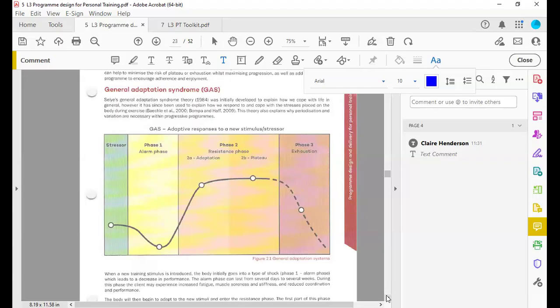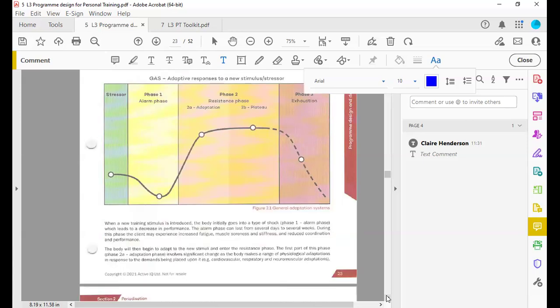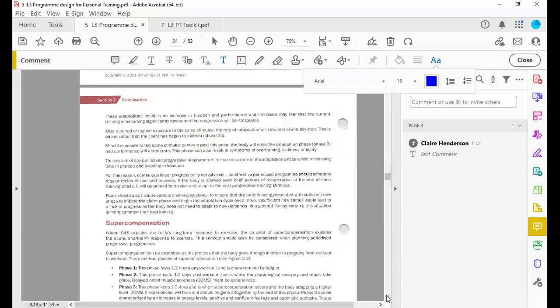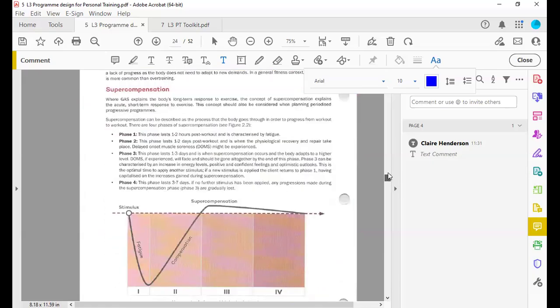So remember our principles of training: specificity, progression, overload, and reversibility. So what we're doing is we are periodizing this plan and sprinkling those ingredients in at the right time so that we just get that alarm phase, so that the body has to adapt and make a change.